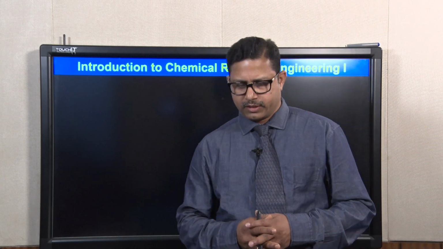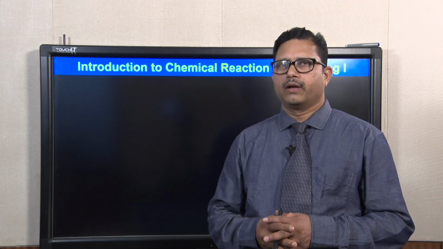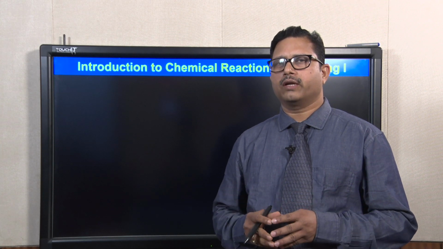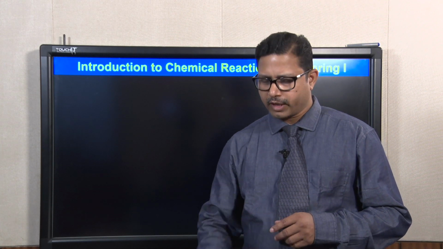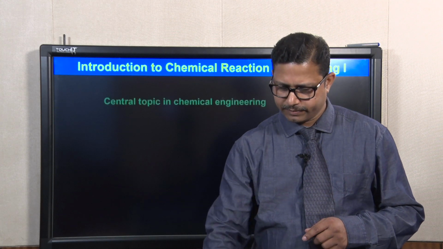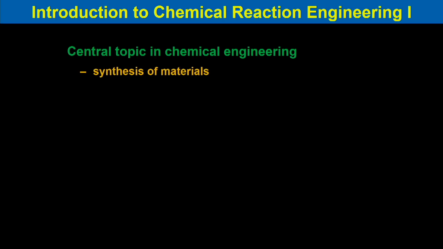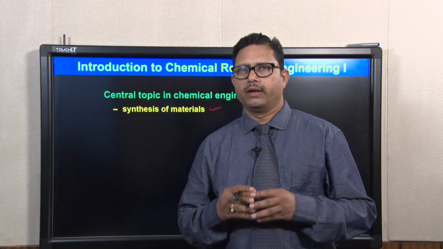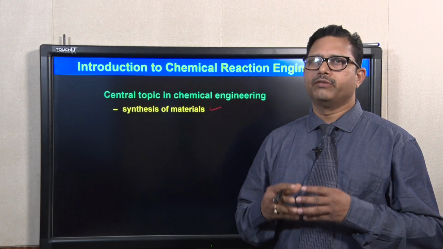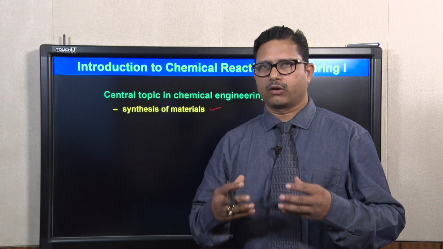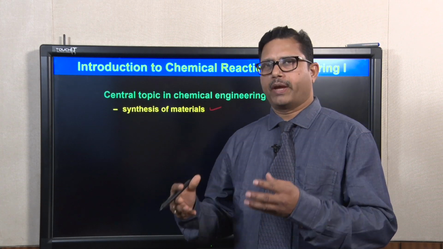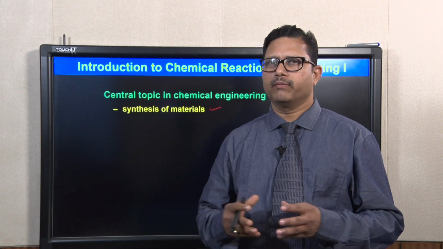Before going to this lecture, let us understand what are the central topics for chemical engineers. There are 3 important topics for chemical engineers to understand. One is synthesis of materials. As you know, in day to day life we use different materials like our clothes, paste, and so on.